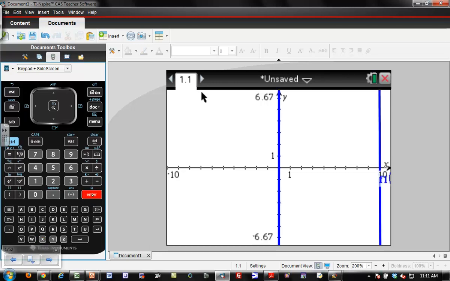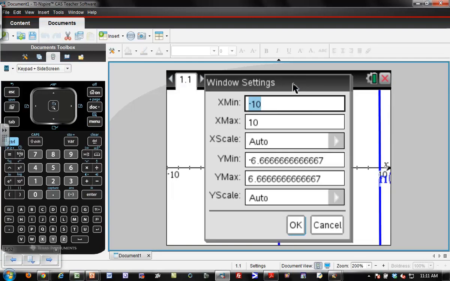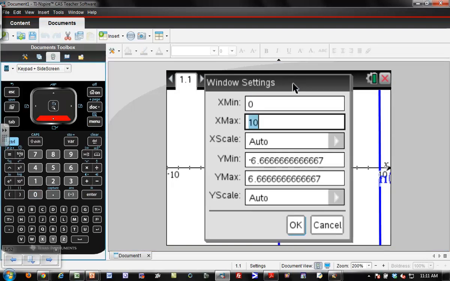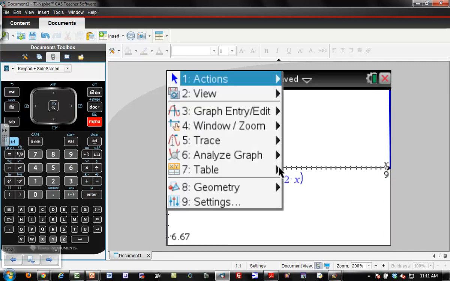When I graph that, I get that. Now, there is a way for us to get the graphical screen to look better and tell us more, and that is, let's go to the window. Let's set the window with our domain. Hit enter. Then do this with zoom fit.